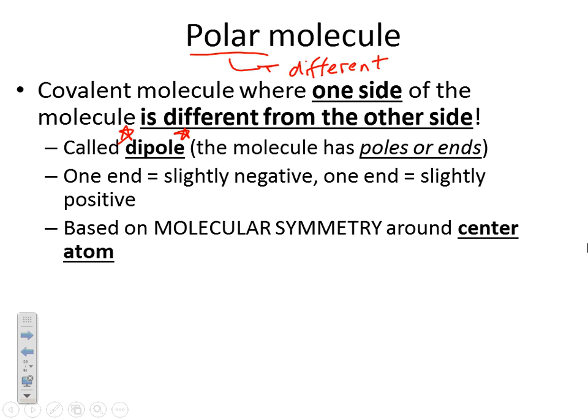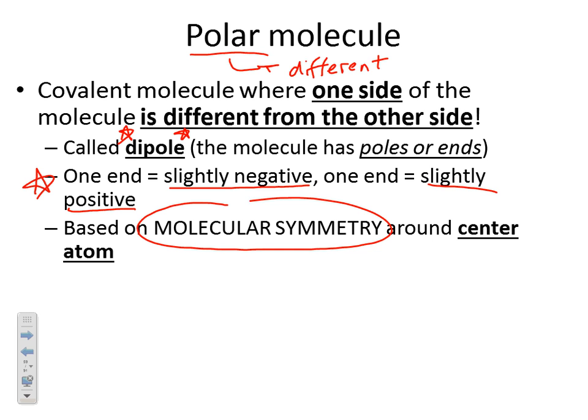And these two poles, these two sides of the molecule, one side will be slightly negative, one side will be slightly positive. This is similar to our polar bonds. It's just now the entire molecule has one side that's slightly positive, one side that's slightly negative, instead of just the individual bond. And the way you determine if a molecule is polar, it's all about symmetry, molecular symmetry.